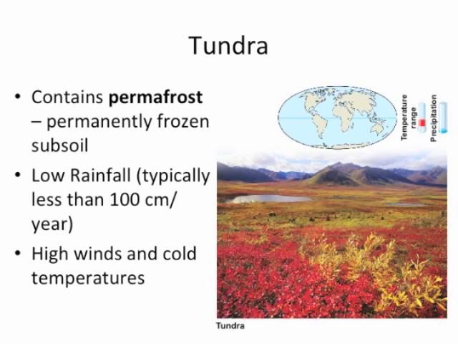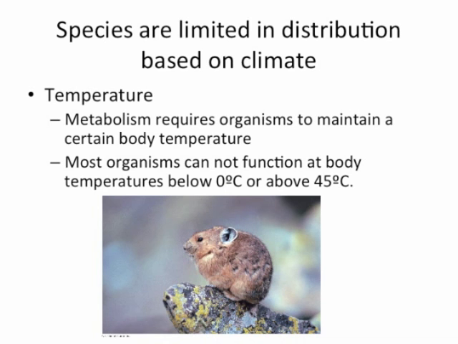Okay, so now that we know that temperature and rainfall vary dramatically throughout the Earth, what effect does this have on organisms? Well, as we've already seen in those examples, it limits organismal distribution.